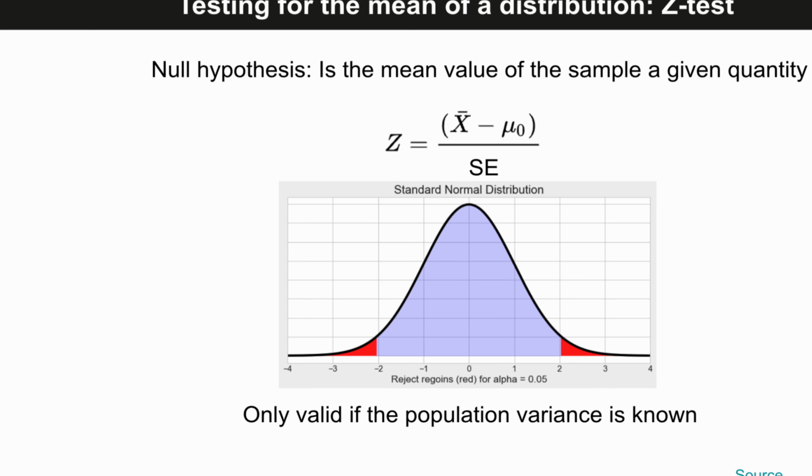If this z falls in these boundaries, then I will reject the null that the BMI is equal to a given quantity. This is what's called the simplest z test, where the observation follows a normal distribution and you are interested in testing whether the mean is equal to a given quantity, in this case mu naught.